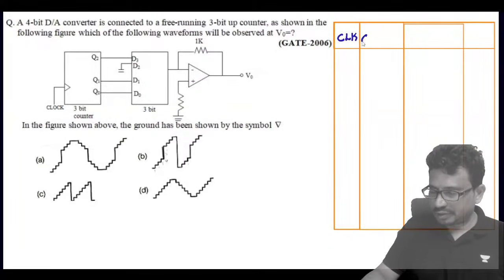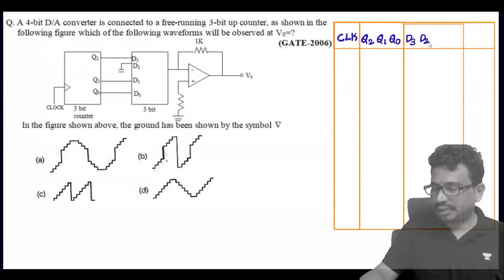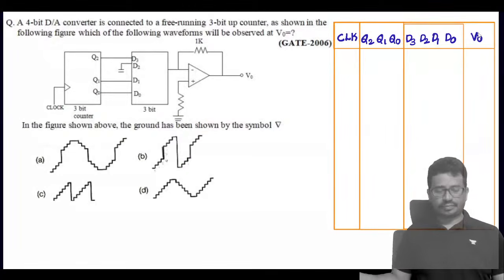So we have this up counter Q2, this is Q1 and that is Q0, and we have D3, D2, D1 and that is D0, and this is the output voltage.